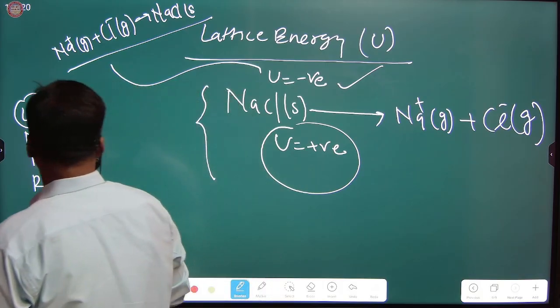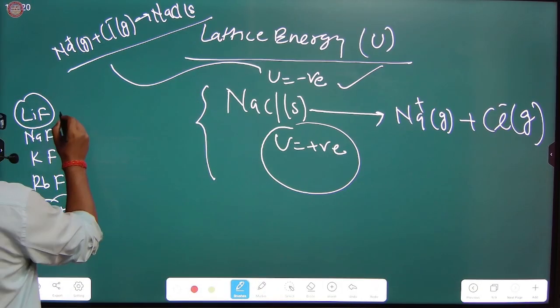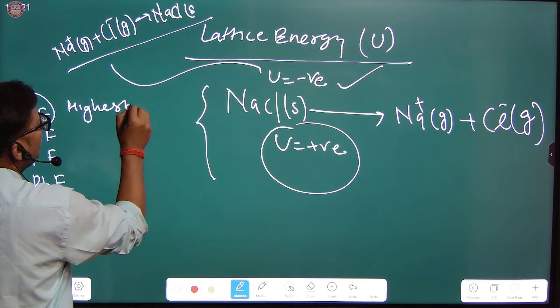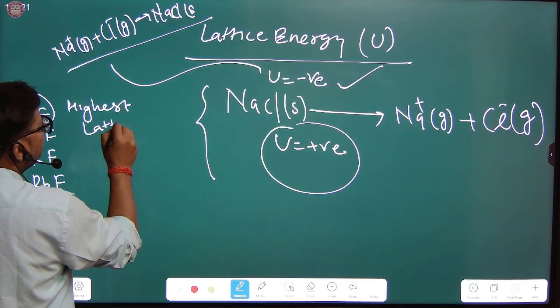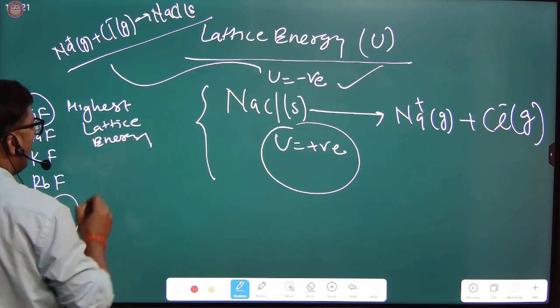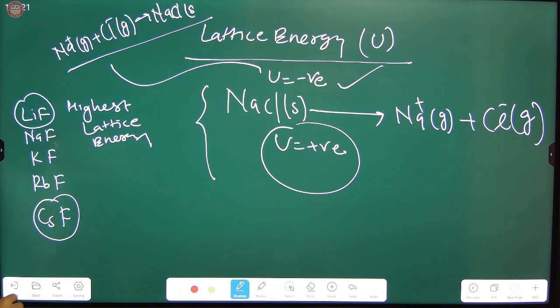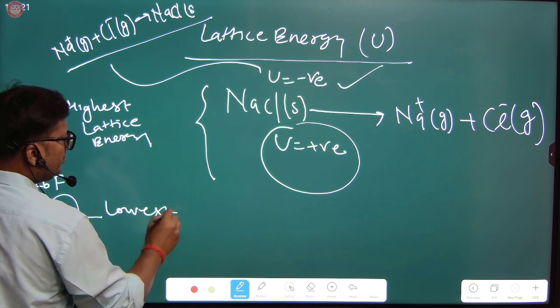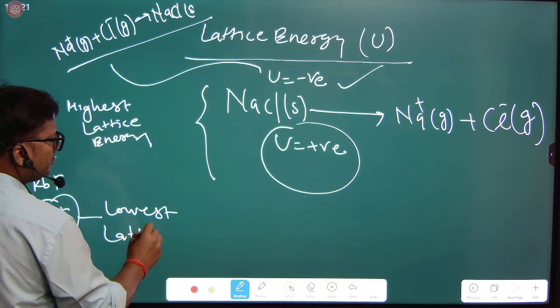So, lithium fluoride possesses the highest lattice energy, while cesium fluoride possesses the lowest lattice energy, right?